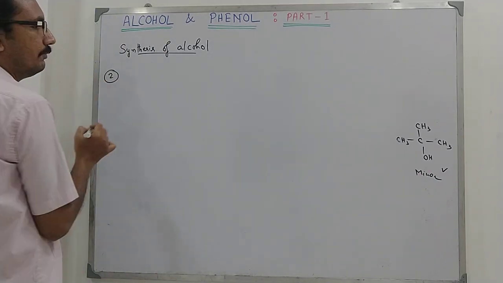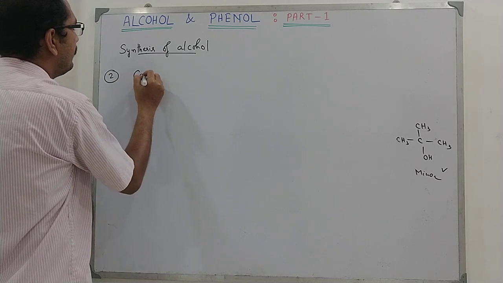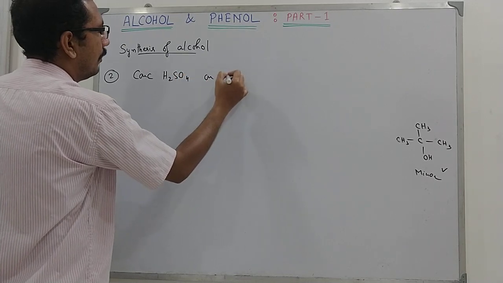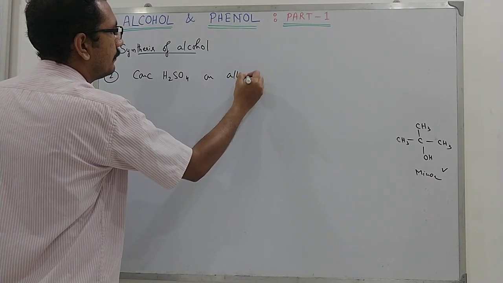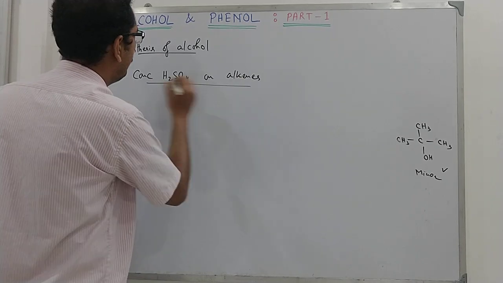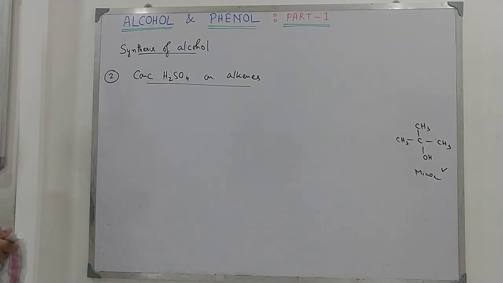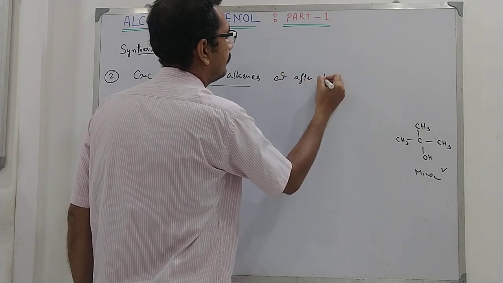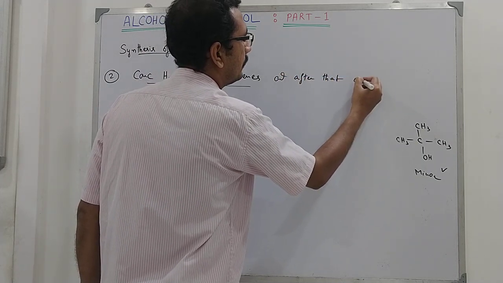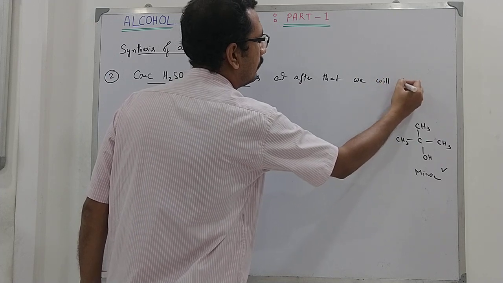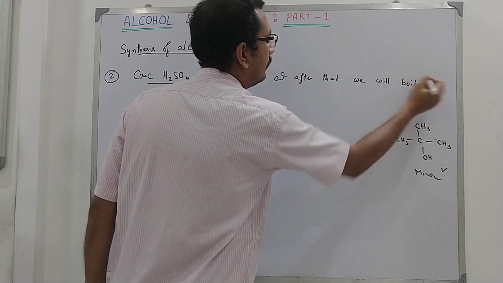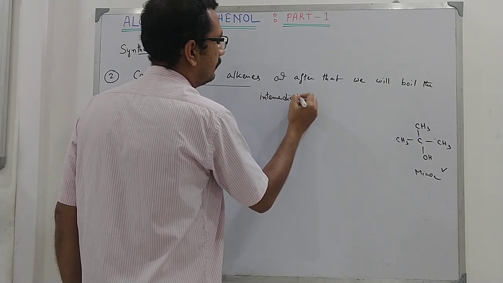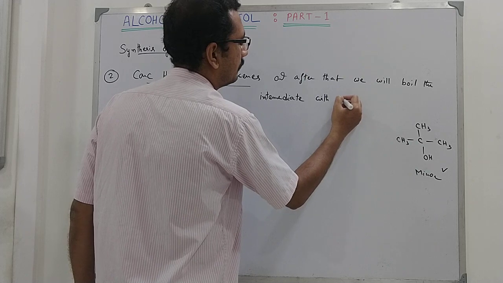Now, in reaction 2, we will use concentrated H2SO4 on alkenes. So we will treat alkenes with concentrated H2SO4, and after that we will boil the intermediate with water.